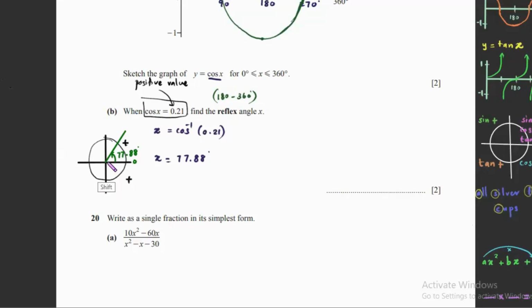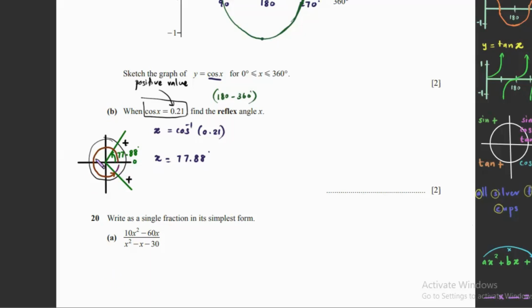So when I reflect it across this x-axis, it will be like this, which means I need to now find the value of the angle from 0 all the way up to this point. This is the measure of the angle that I'm supposed to calculate, which means as I reflected this, this angle will also be the same 77.88 degrees.